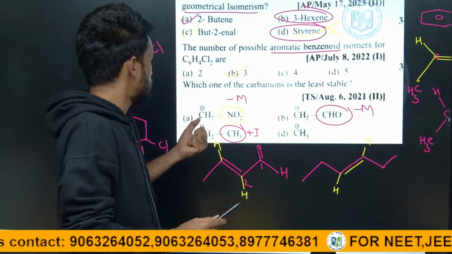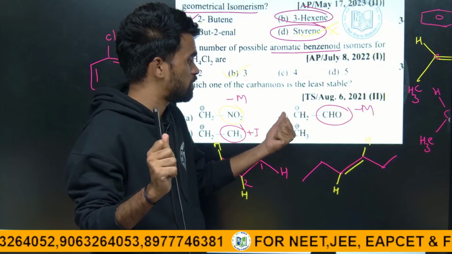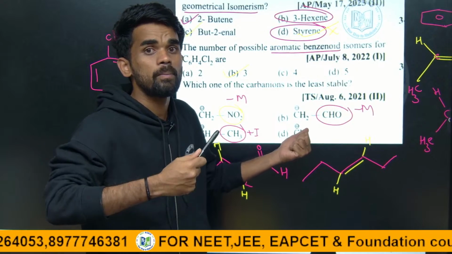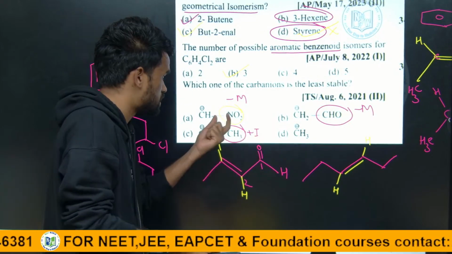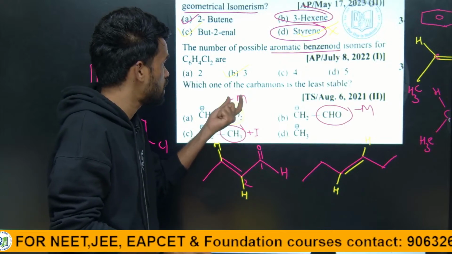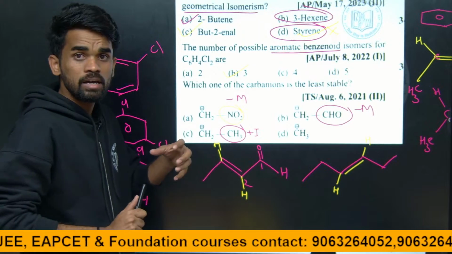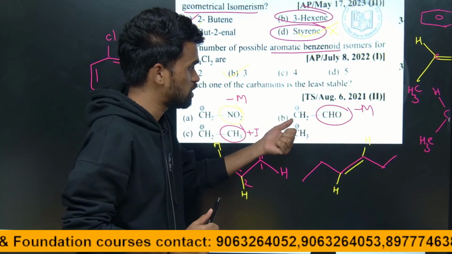So it means in these 2 options our correct answer might be there, there will be one option. Now tell me which group is the strong minus M group, I mean which group will withdraw the electrons more effectively? Yes, the nitro group will be the stronger electron withdrawing group. Therefore, option 1 will be the most stable carbanion. After this, this will be the most stable.